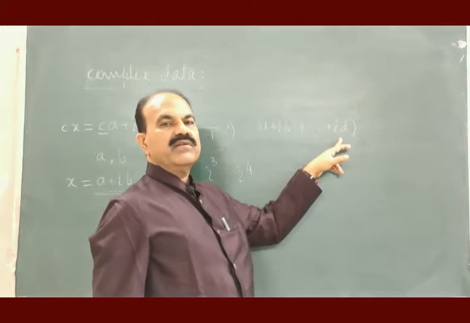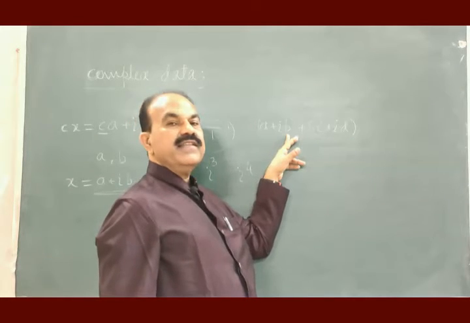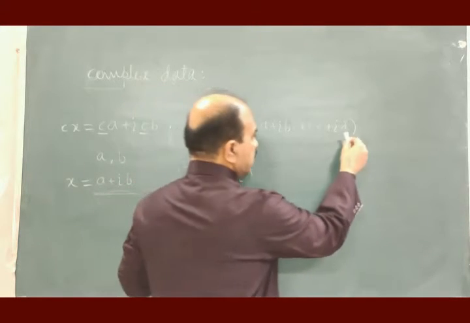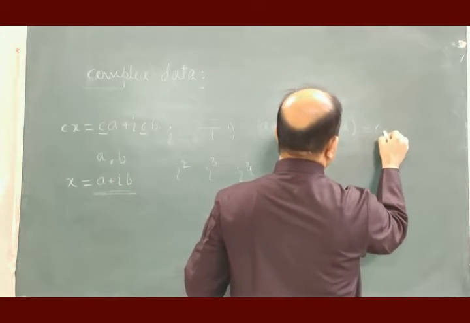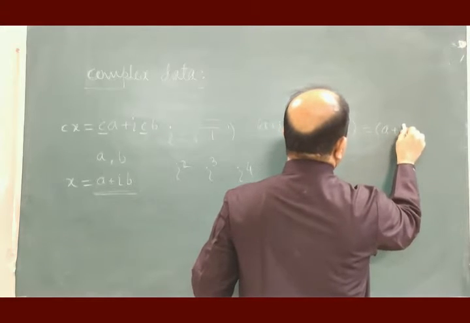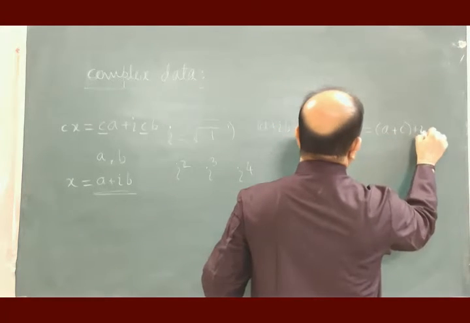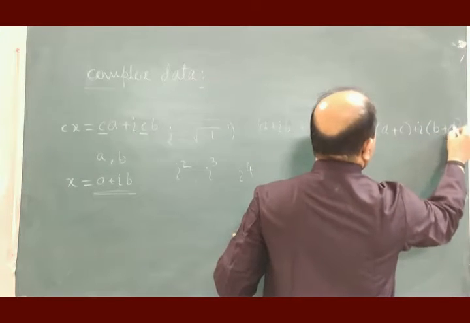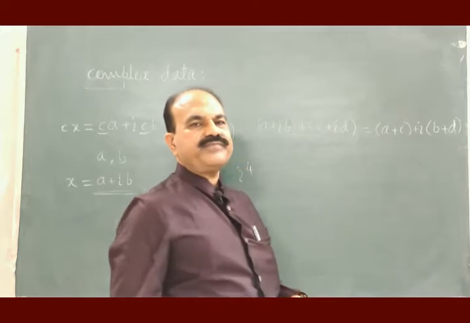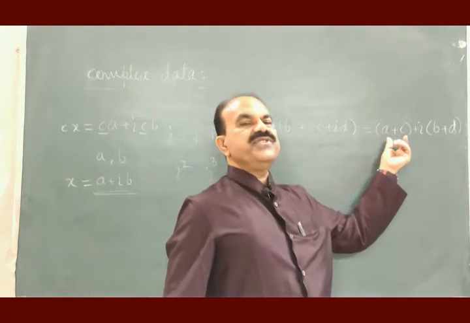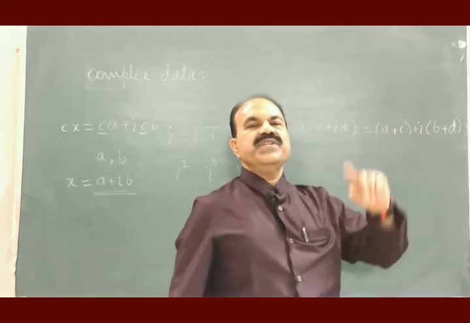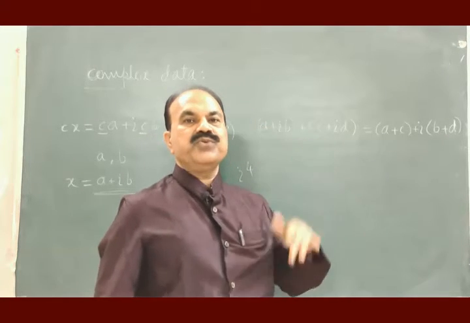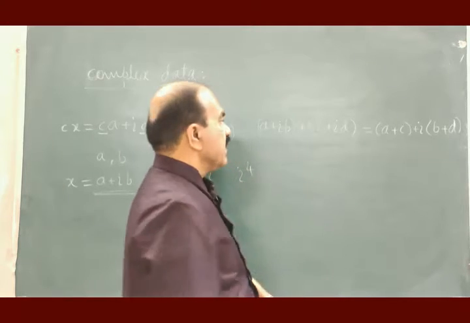Take I common. Add the imaginary part with this imaginary part. And so, addition of these two will be a plus c plus I into b plus d. A plus c is real part, b plus d is the imaginary part. So, addition of two complex numbers can be done.